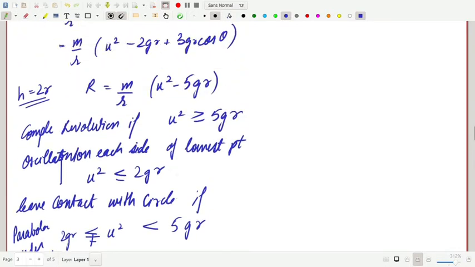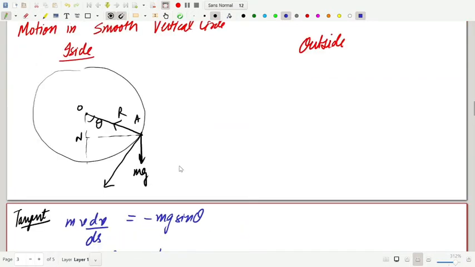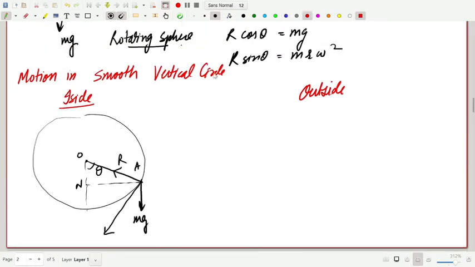These all equations are true in case we take a heavy particle tied to one end of a light inextensible string of length L, whose other end is fixed, projected horizontally with a given velocity u. We can take small r to be L in that case, the inextensible string case.